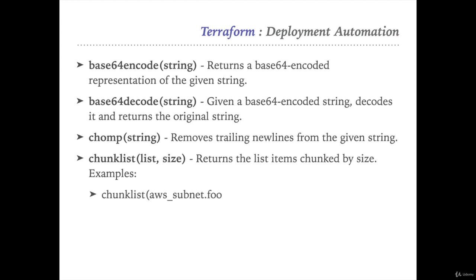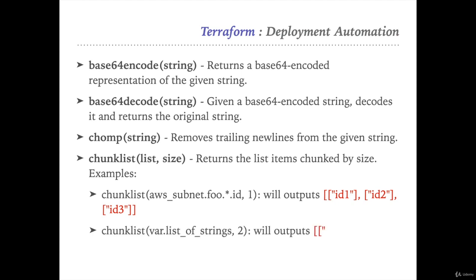For example, suppose we have chunklist of AWS subnet IDs, and we provide the size as 1. Then the output will be a list which contains lists itself. If there are 3 subnets, then id1 is one list, id2 is another list, and id3 is another list.